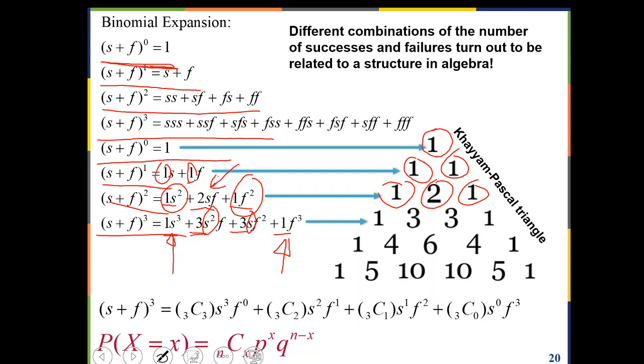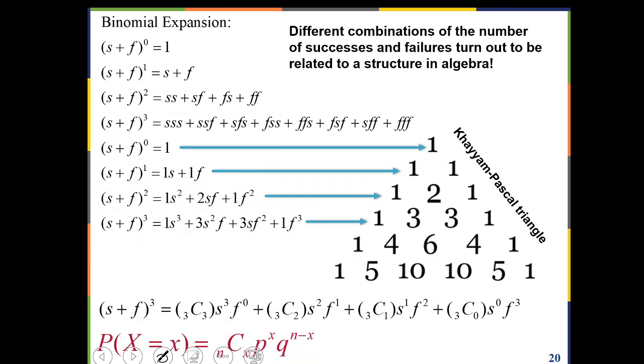And then there is a formula. There's a formula that can actually give us those numbers, and that formula comes from counting. And the notation for it is this. So this would be the number of combinations of n items taken r at a time, and that has a formula, which as I said we don't use.